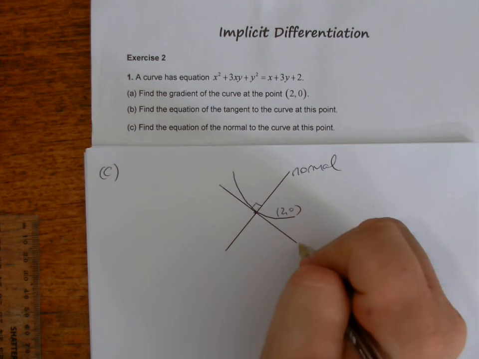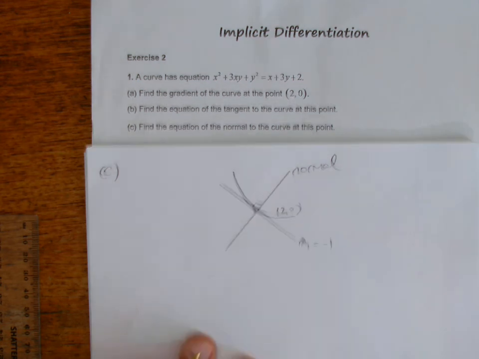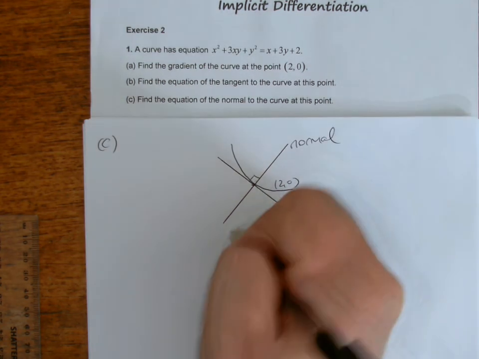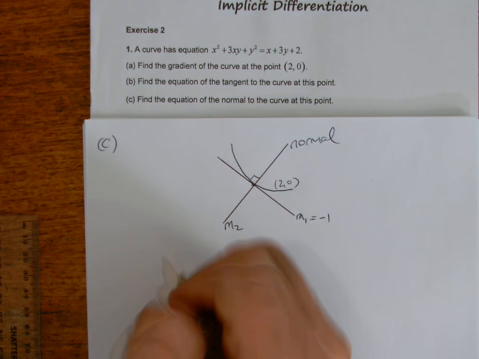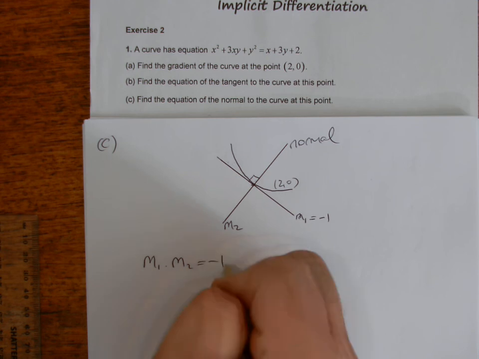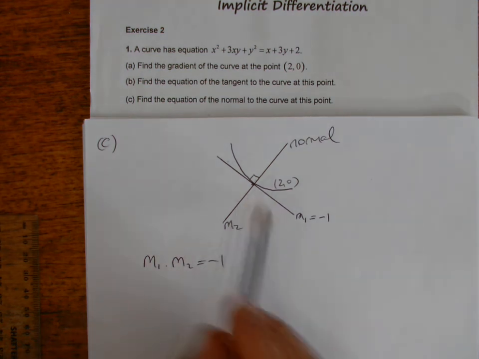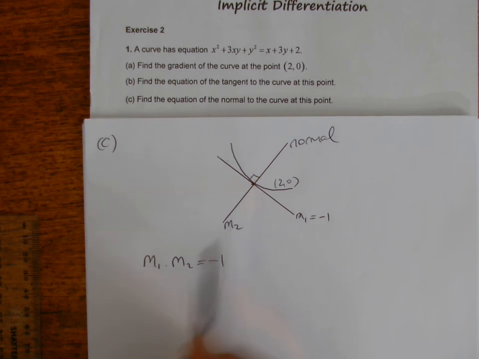Now if we know the gradient for this is -1, remember what we did last year, we call it m1, it's -1, and then the gradient of the normal would be m2, and then we'd use this formula, m1 times m2 is -1. Remember that is always true when two lines are perpendicular to each other, when they're at right angles to each other. When you times the gradients, you get -1.